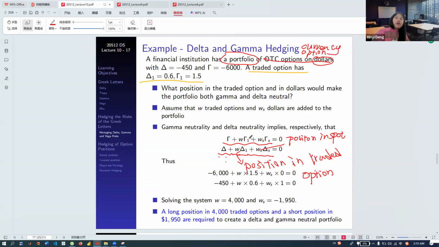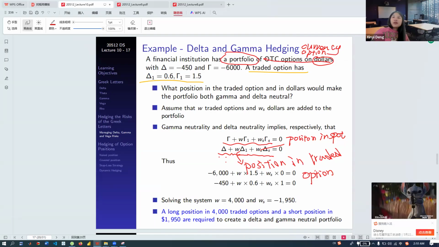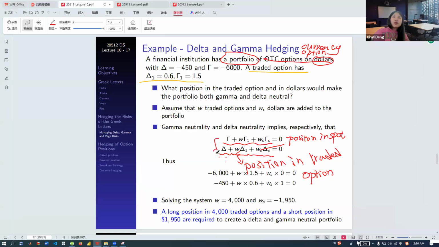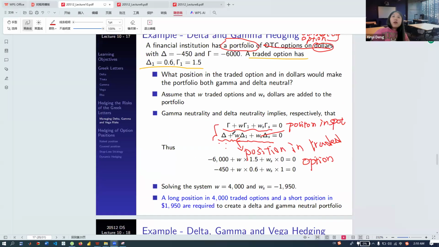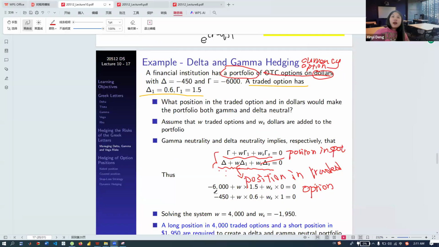The gamma of the portfolio is calculated the same way, and then we just set the delta of the portfolio and the gamma of the portfolio after the hedging equal to 0. Now we just need to substitute numbers into those two equations. So gamma is equal to minus 6,000, the gamma of the original portfolio before hedging.